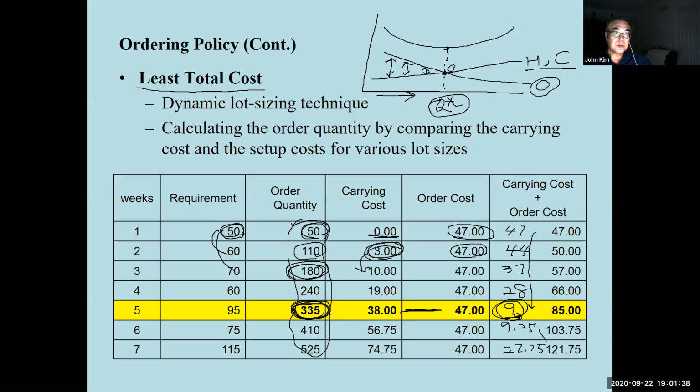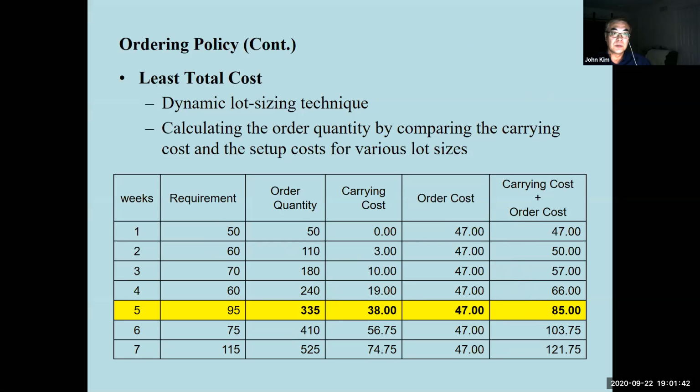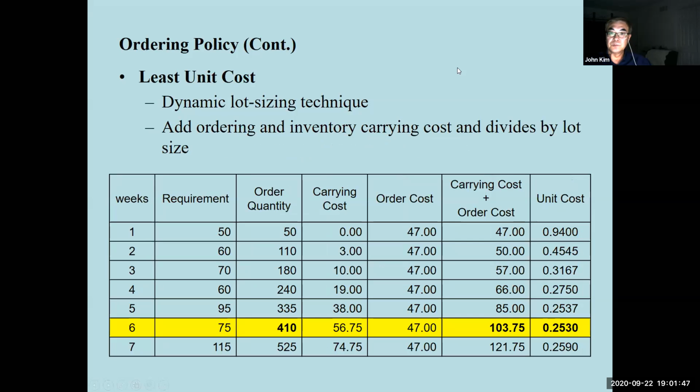The next rule is the least unit cost rule. Order 50, and then the cost is 47. So 47 divided by 50 equals this one.